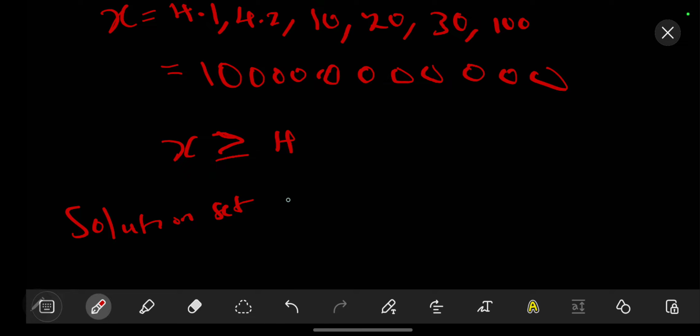That means 4 should be included. So we are going to put the square bracket to show that the first value you mention is included, comma. The highest value of x in this case is positive infinity. So you use the round bracket to show that it's not included.